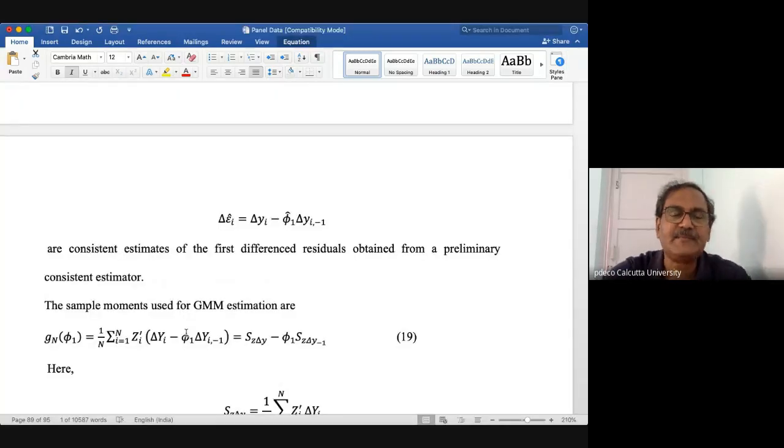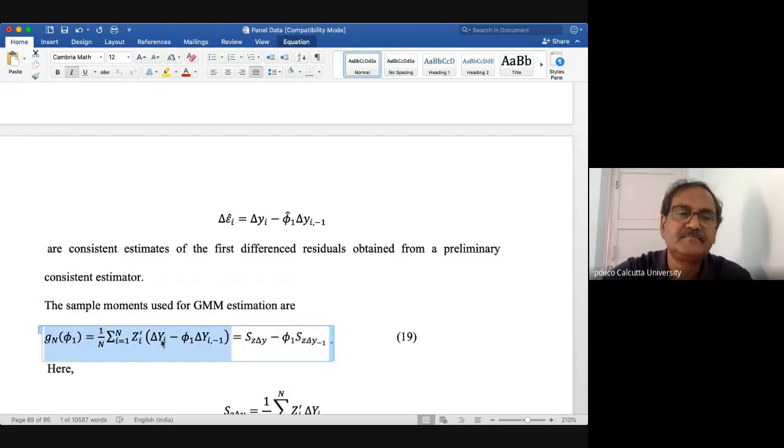Now define the sample moments in this way. Gn suffix n means by taking all cross section units capital N, of phi 1 is equal to sum of zi prime into the expression within bracket.